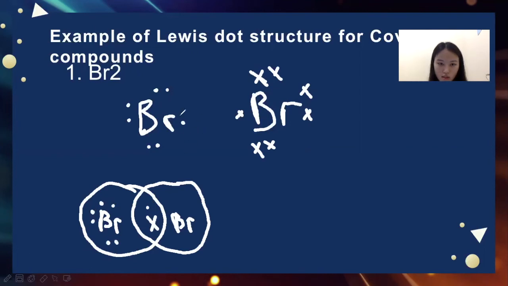So the dots here, we transfer to here, and then the X here, transfer to here. Now it's going to look like this, and when these elements get together, this is going to represent the single bond. You can also write it this way.